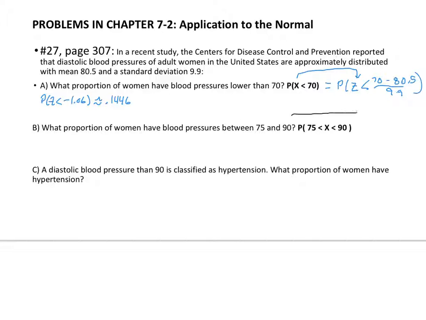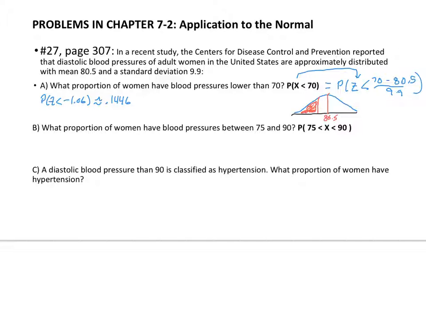Here is our standard normal distribution, and our mean value is here at 80.5, and our x value is at 70. So we're looking at the value on this side. We can't do it directly, so we have to use the standard normal curve, which is the z table, in order to find the probability that has been shaded.